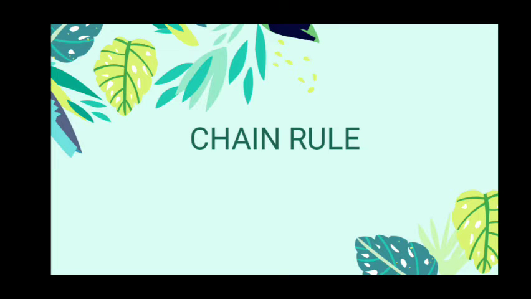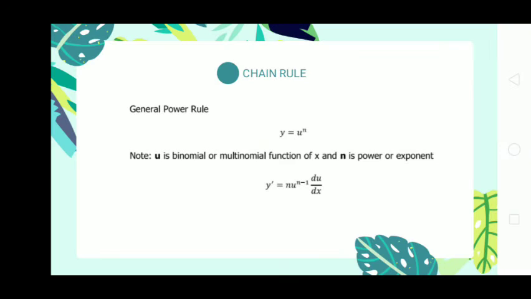The next topic we are about to discuss is the chain rule. The chain rule is applied every time a function can be used as a composition of more than one function. This means that it uses the general power rule, which is y is equal to u raised to the power of n.